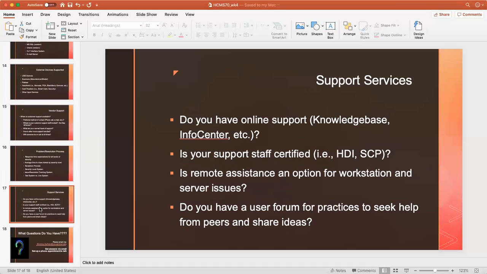And continuing with support services, you need to make sure you can guarantee that to everyone who's going to be on staff, everybody who's going to be using this. Are the staff certified? Do they really know what they're doing? Where are they?